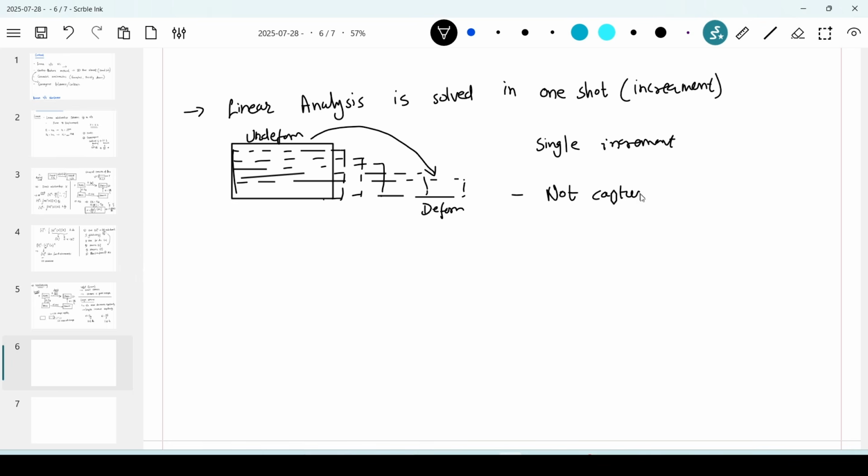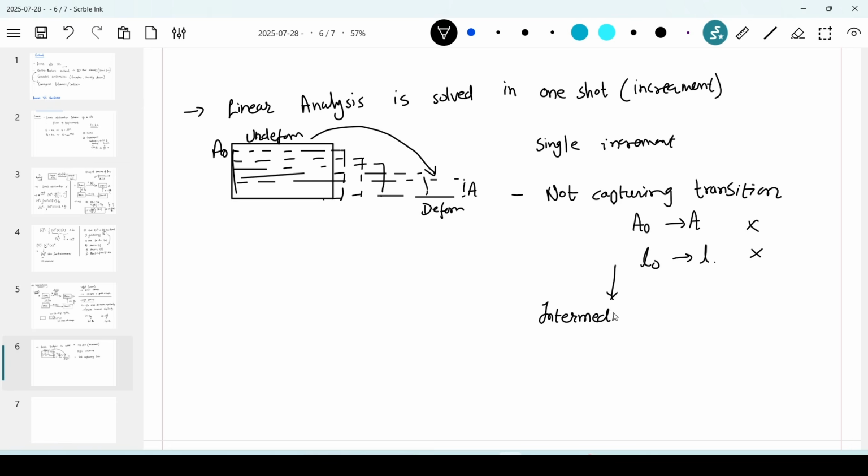We are not capturing the transition, which is happening from A0 to final A, and from L0 to L. When we do not capture this, we are not capturing the intermediate area and L. That means we are not capturing intermediate deformed positions, not capturing instantaneous area and length.